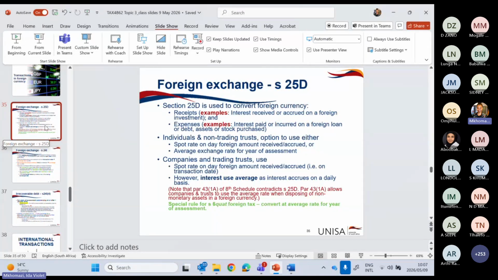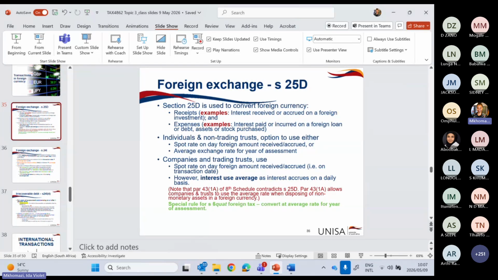Just quickly and briefly, the principles that you need to remember without getting into too much detail when we look at Section 25D. Section 25D, we use it to convert the foreign currency amount into rand. So if you have any foreign currency receipts or expenses, then you convert them at an exchange rate on the transaction date. In terms of which rate you use, this depends on whether you are a company or an individual.